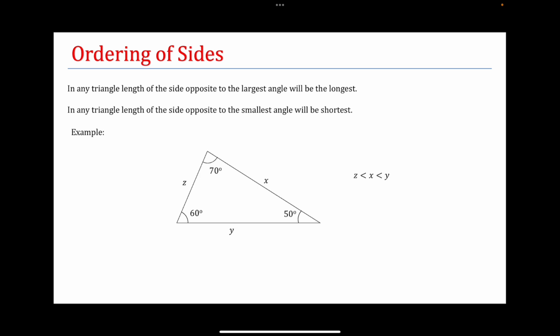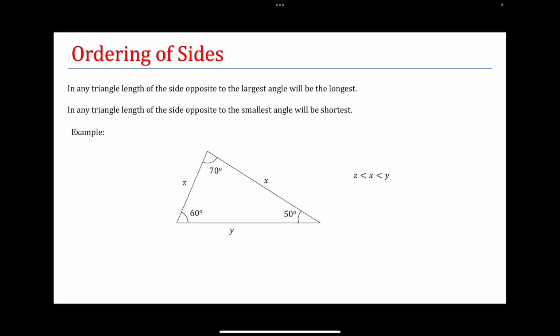So you can notice here in the example, angle 70 degrees and 60 degrees are the two given angles. Third angle will be 50 degrees, because the sum of the angles must be 180 degrees. So therefore, the smallest angle is 50 degrees.